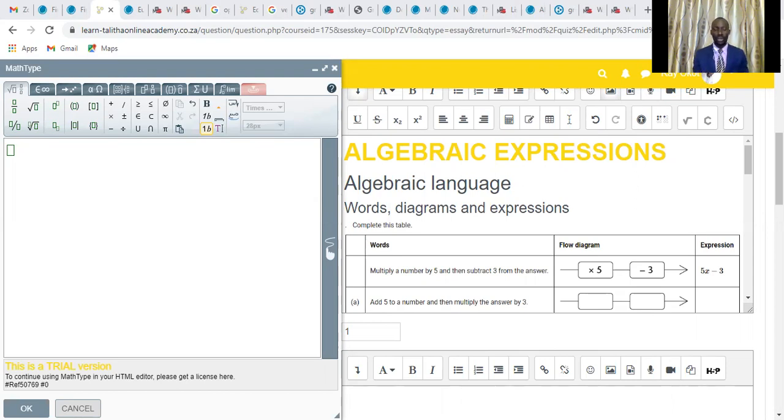Think of a set of operations: could be adding 1 to 2, could be multiplying 3 and 1, could be dividing 6 by 8, something like that.